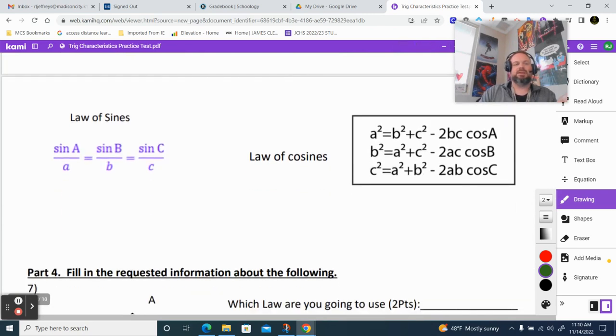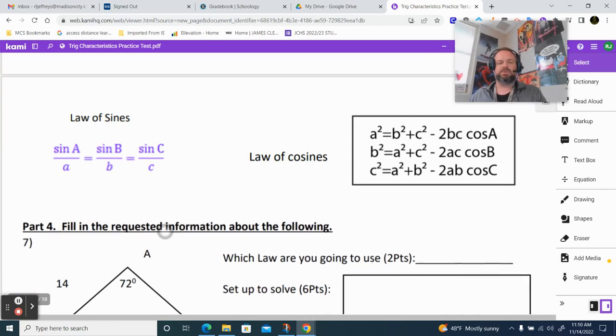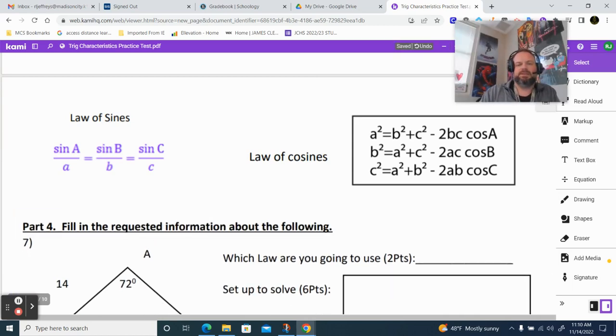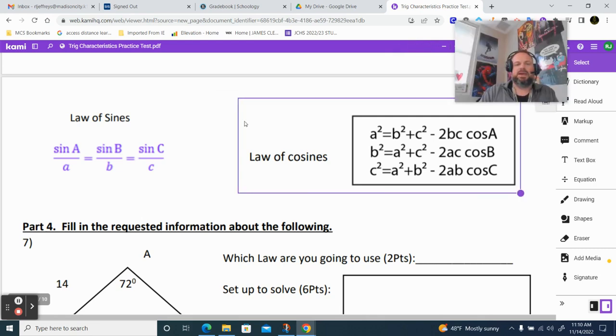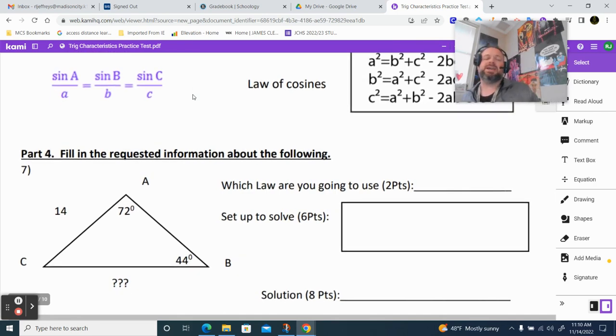All right. On the back, law of sines and cosines. This was Wednesday's work for people that need to go back and look at stuff. Now, the way I have this set up, you actually have to tell me what you're going to use to solve it.